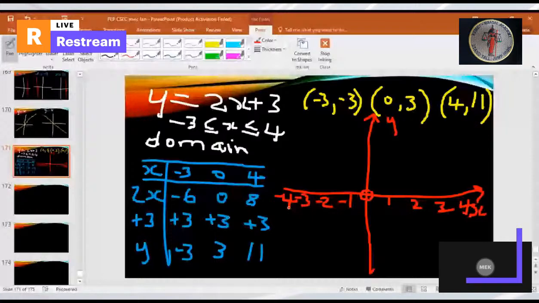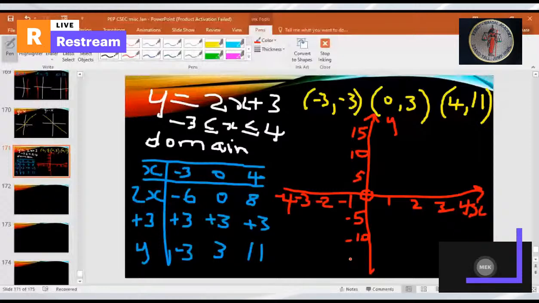On the y, our biggest y value is 11, so we can go by 5s: 5, 10, 15. In the negative y's, we have negative 5, negative 10, negative 15.